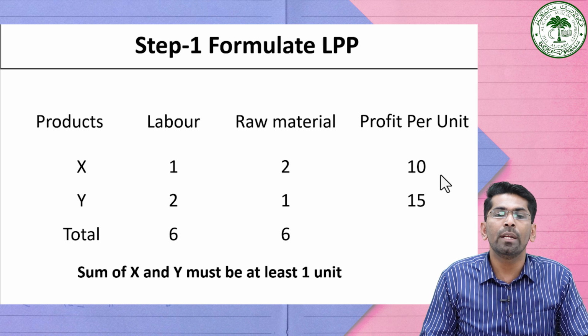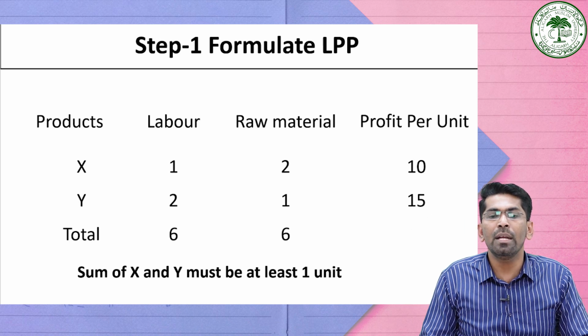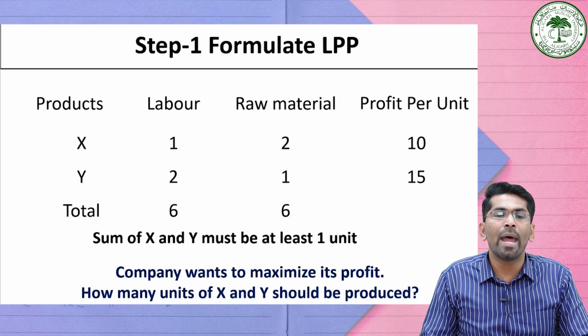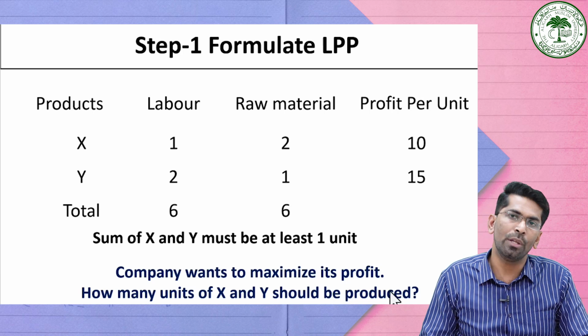When you sell the product X, the company gets 10 rupees, and from the sale of commodity Y, the company will get 15 rupees. From this given information, the company wants to maximize the profit, and we need to find how many units of X and Y should be produced.